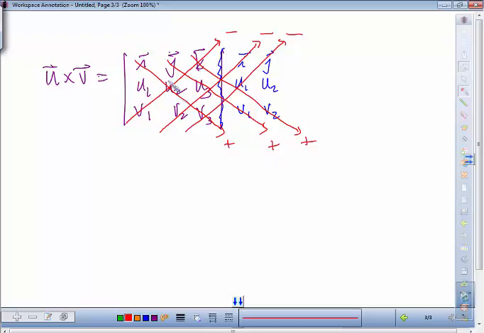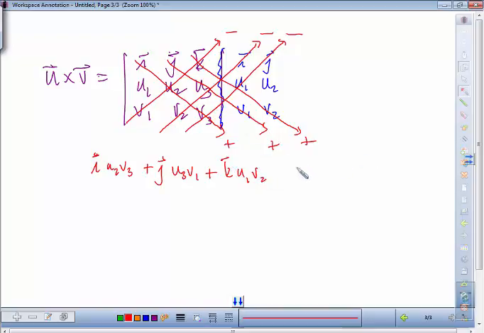So what you would do is you would collect these terms. I have I times U2 times V3, the J U3 V1 plus K U1 V2.